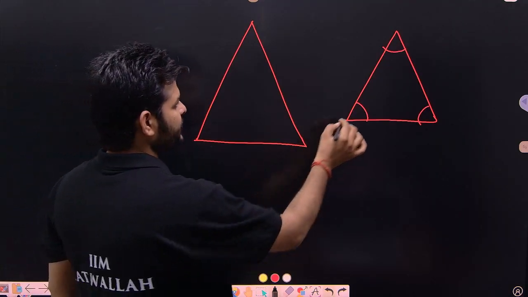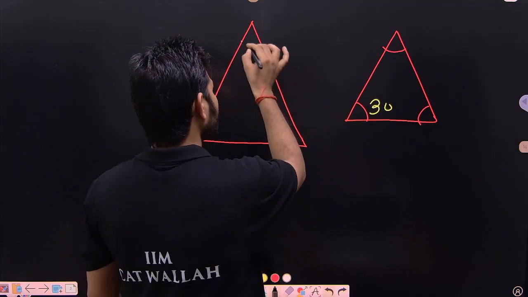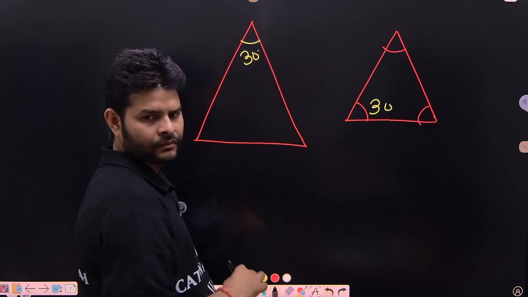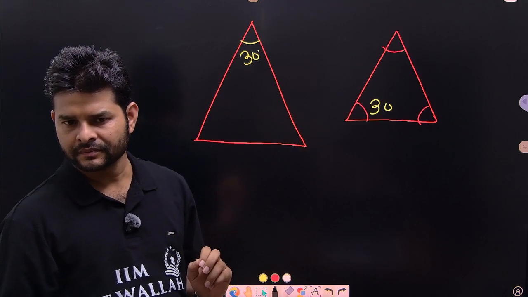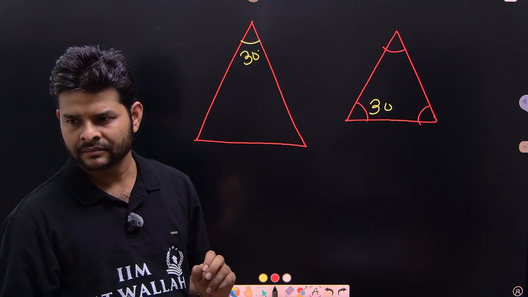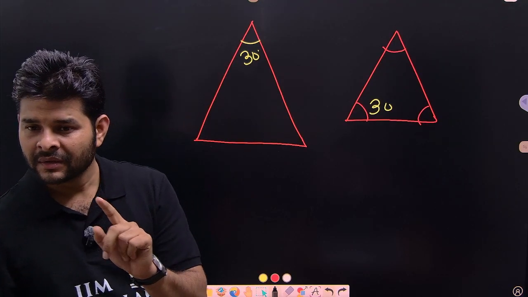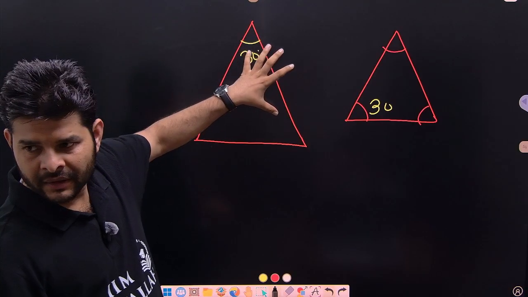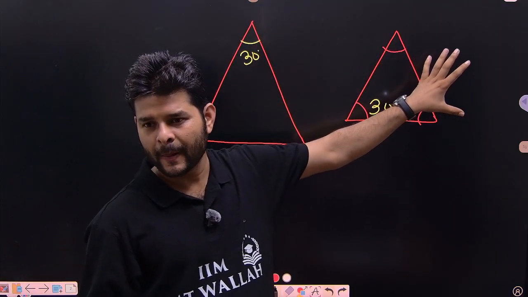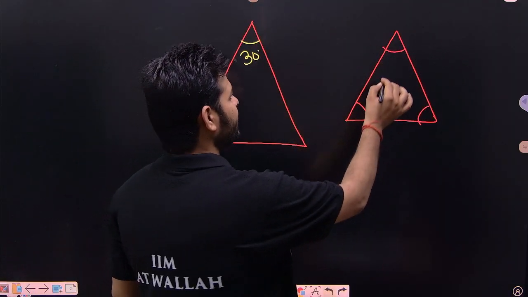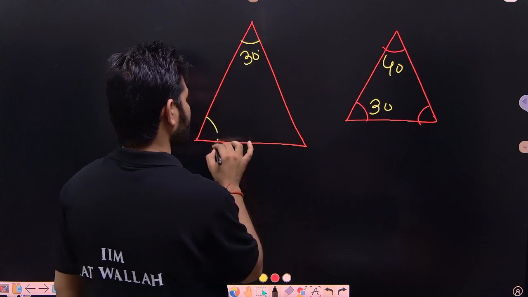That means if this angle is 30, this may be 30. It doesn't mean that if it is 30 here then it should be 30 at the same position, but it should be equal, that means the angle appearing over here must appear over here. That means if that angle is 40, that should be 40.